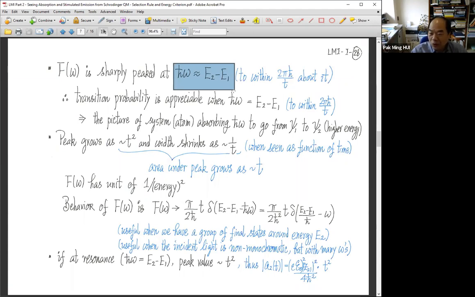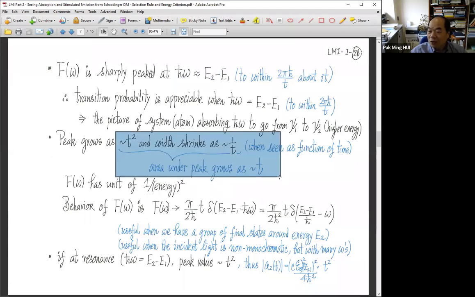You need to tune your light to be right so that you see absorption. That's true. And a more interesting observation is that the area under the curve grows linear in time. The peak value shoots up like t squared, the width shrinks like 1 over t, so the area is something like t.